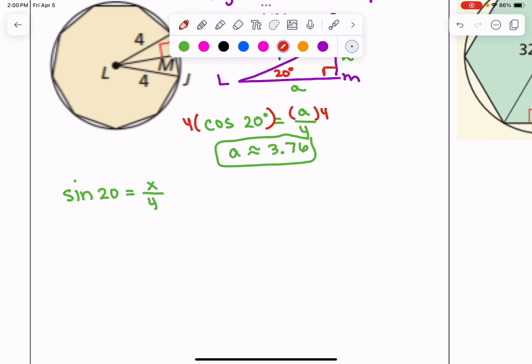Once again, I'm going to multiply both sides by 4, and I can find my value for X. So 4 times the sine of 20 degrees is going to be 1.368, and so forth. And just leave that number on your calculator. So 1.368. This is half of a side.